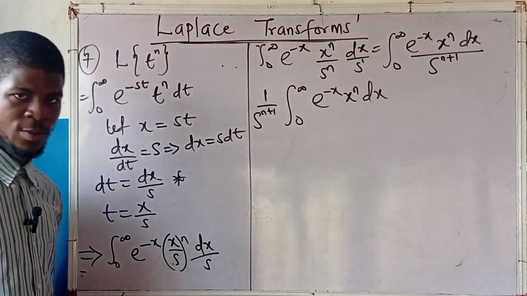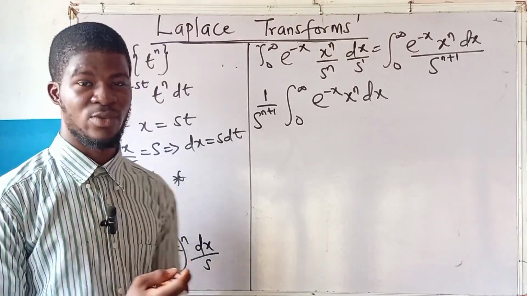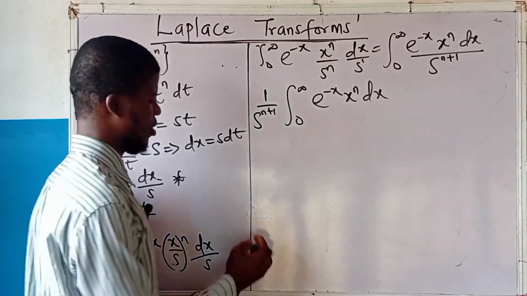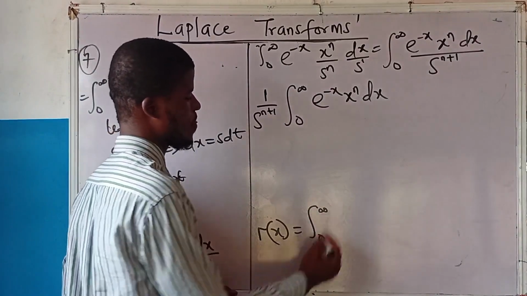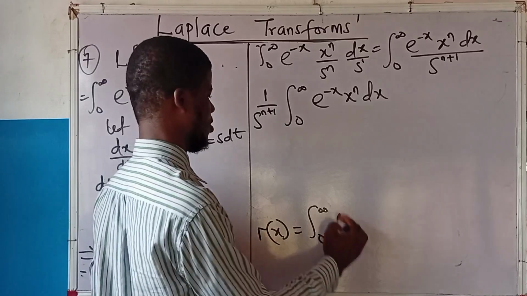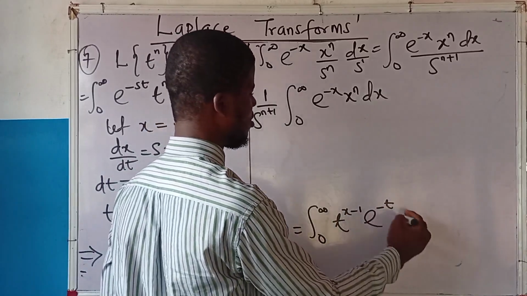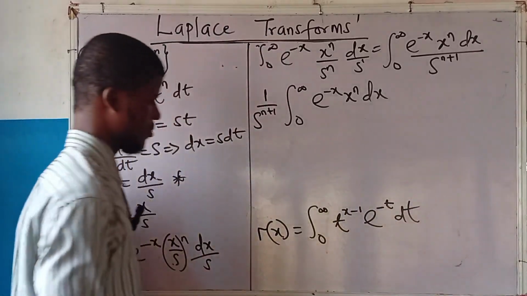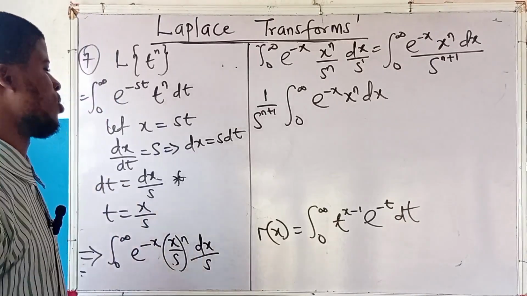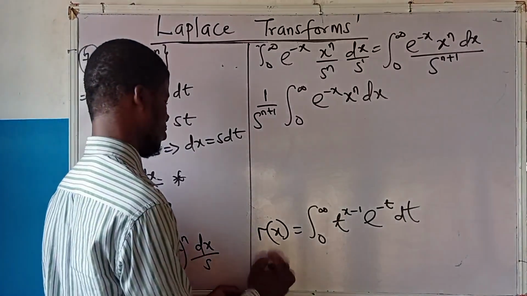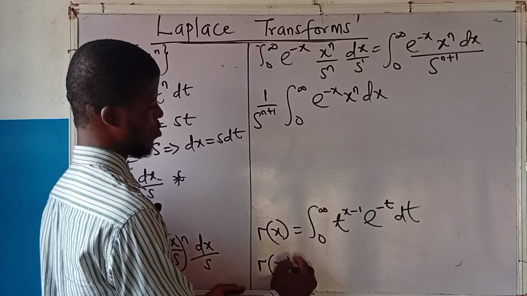So what do we do from here? Remember, I had a video for the gamma function. The gamma function of x is the integral from 0 to infinity of t to the x minus 1, e to the power of minus t dt. So what will be the gamma function of x plus 1?